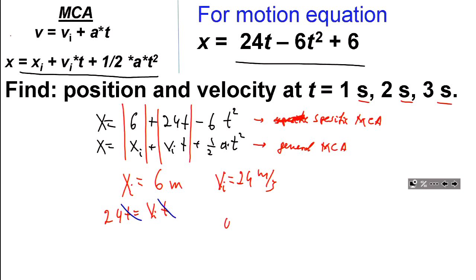Please tell me the number which represents the acceleration of that specific motion. Louder, please. Negative 12, I've heard, and I heard 6. 6, negative 12.